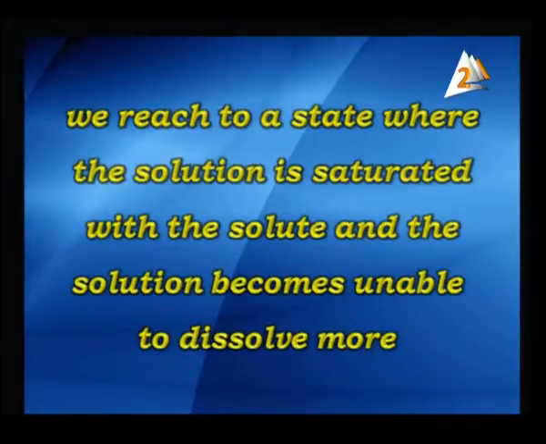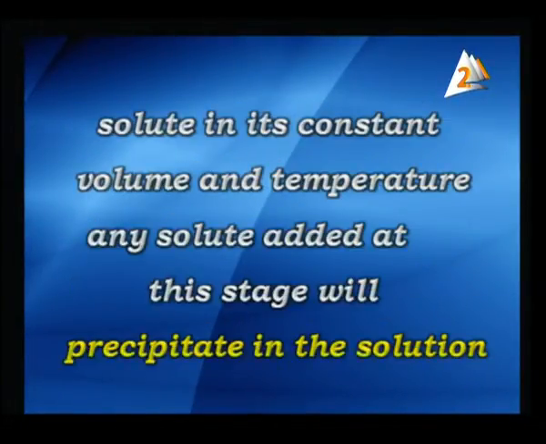Which type of solution? Saturated solution. This saturated solution is very important because the solute is at constant volume and temperature. Any solute added at this stage will precipitate. Be sure, more solute means more precipitation in the solution because it's a saturated one.